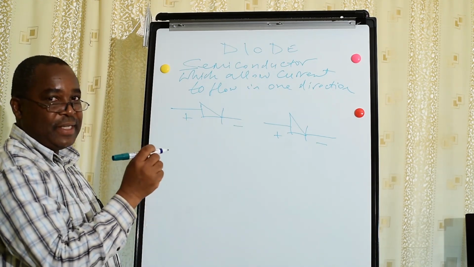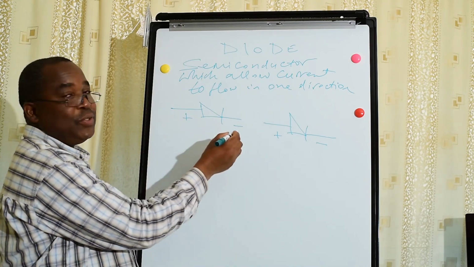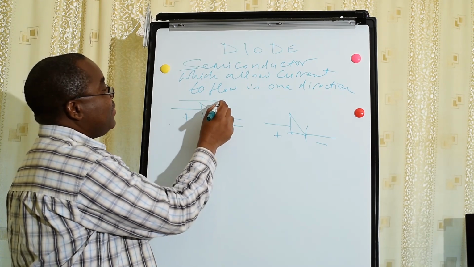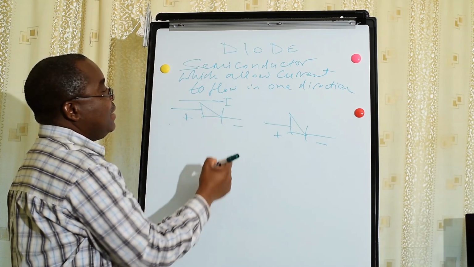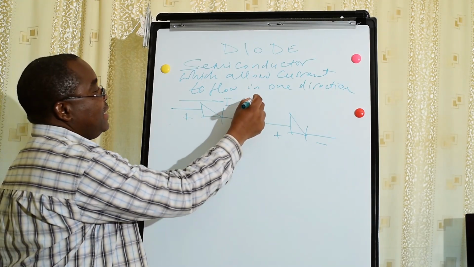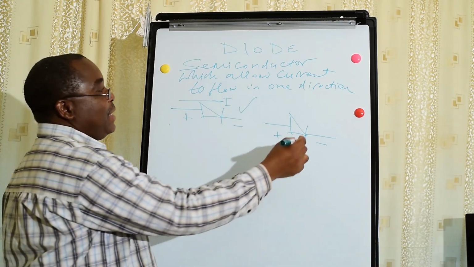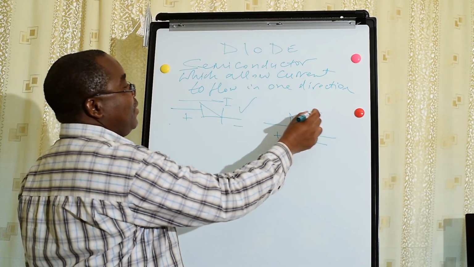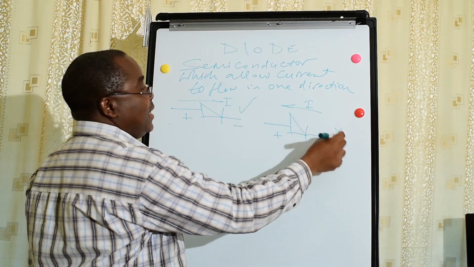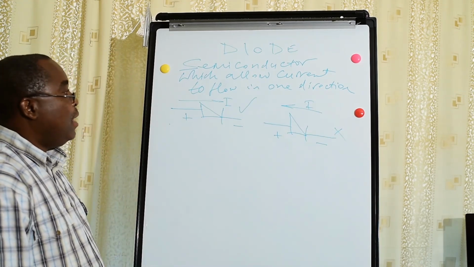The electrons are flowing from high potential to low potential. So the current will flow in this direction, and this is the right application. But if the current flows in this opposite direction, this is not a correct application.